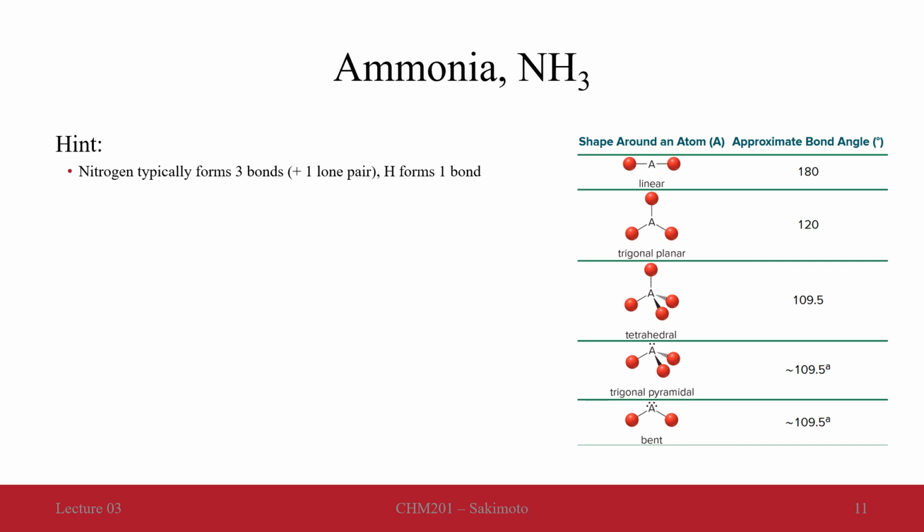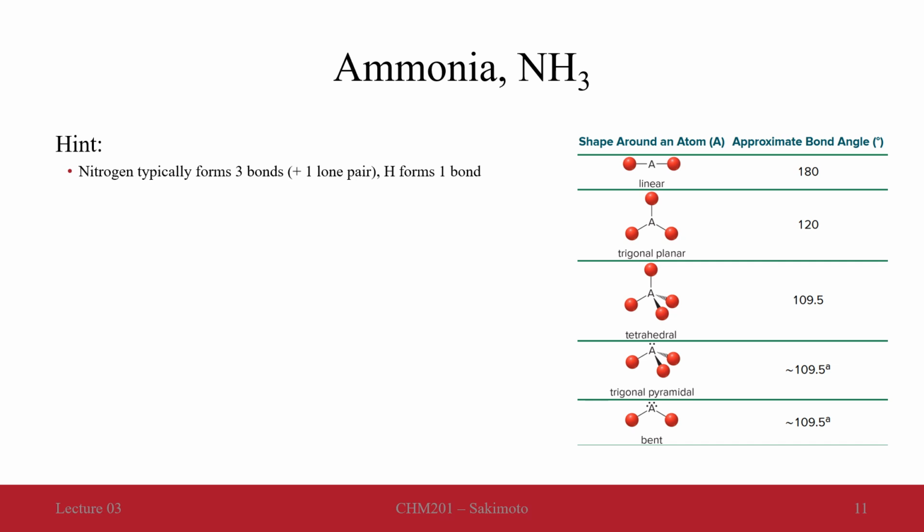Potentially inspired by what we saw with methane, we can make some analogy to it. We will potentially draw our Lewis structure of nitrogen, like methane, surrounded by those 3 hydrogens, such that the shared electrons can help satisfy nitrogen's desire for 8 and hydrogen's desire for 2.